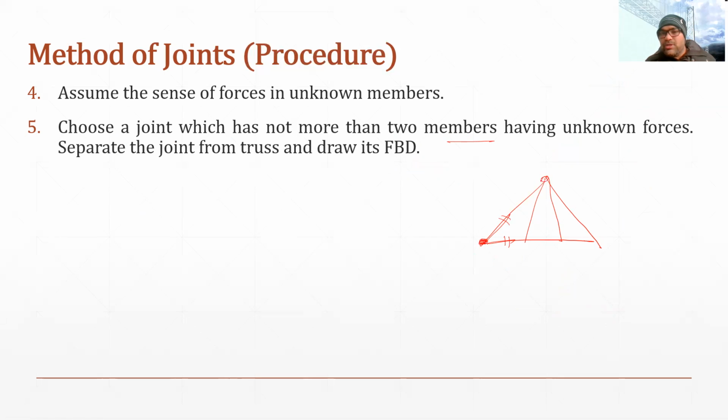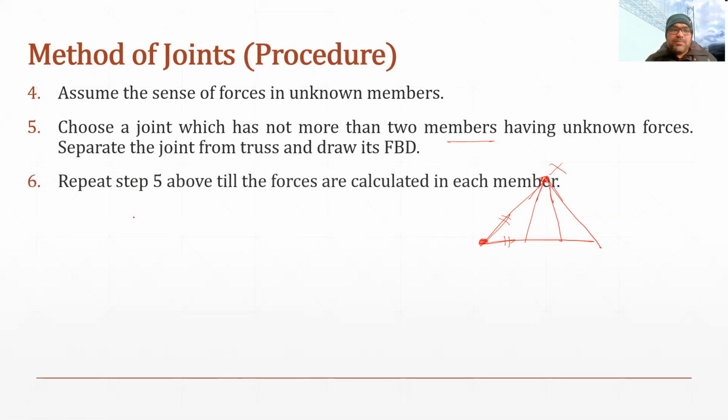But I cannot take this joint, because this joint has four members, this one, this one, this one, and this one, and all four are unknown. That is why I cannot take this joint first. I will take the joint which has not more than two unknown forces.